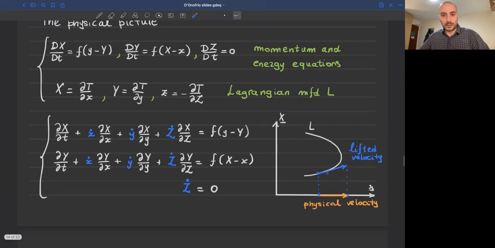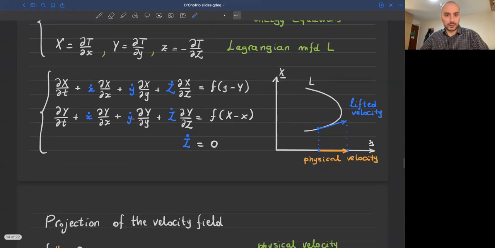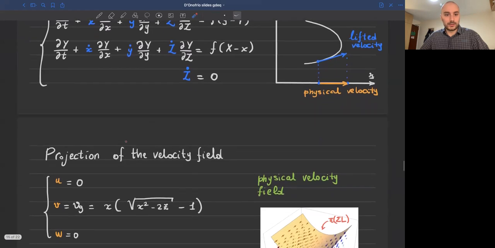We need, as a second step, to recover the physical velocity field, to project this velocity field to the base manifold of the cotangent bundle. So this is going to be a linear system of algebraic equations. We can solve it.